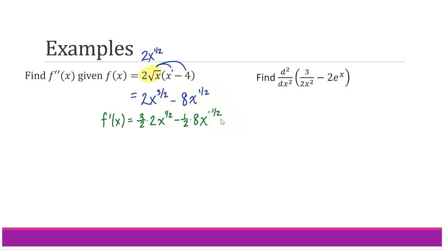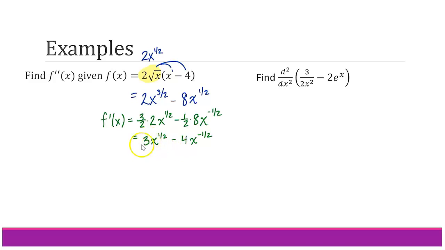We want to be pretty good at subtracting these simple fractions, subtracting 1 from simple fractions like this, to be able to do it in our head. Similarly, we want to be able to do this multiplication in our head as well, like 3/2 times 2 is simply 3. So 3x to the 1/2 minus 4x to the negative 1/2.